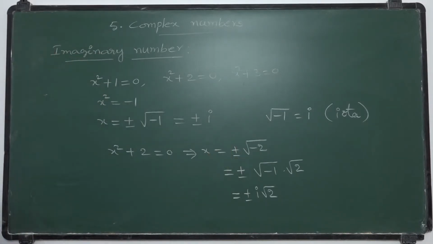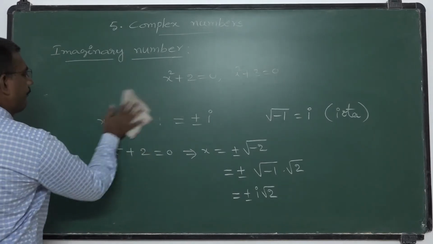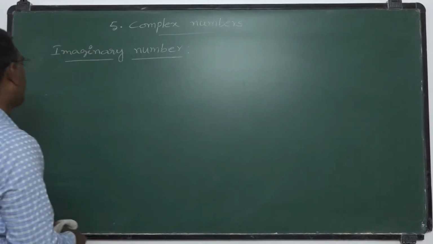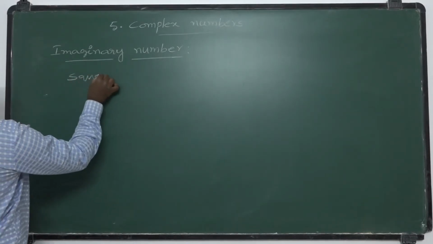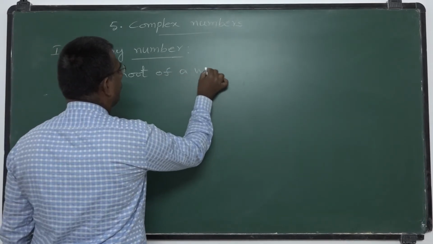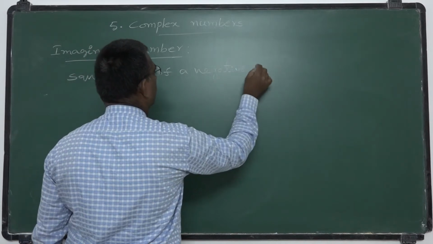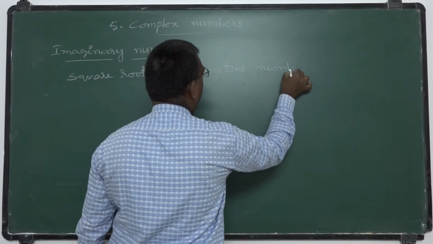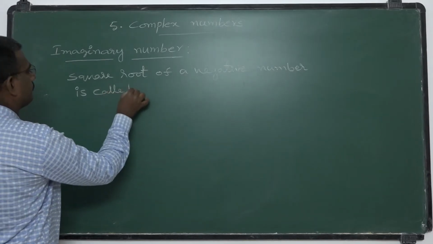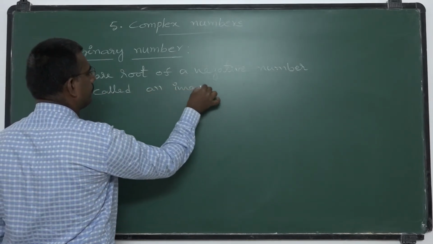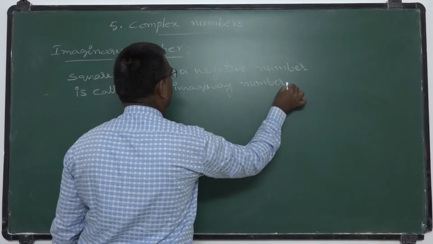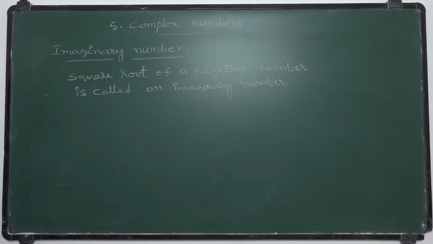So I am going to write the definition. Square root of a negative number is called an imaginary number.